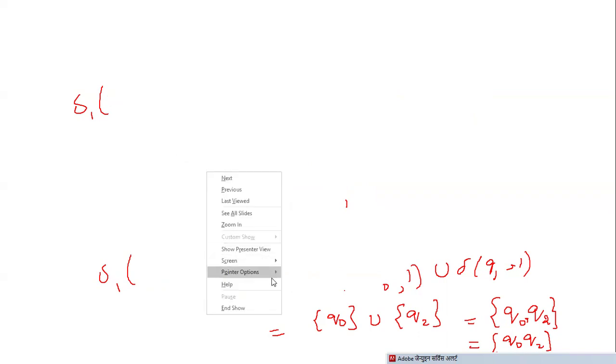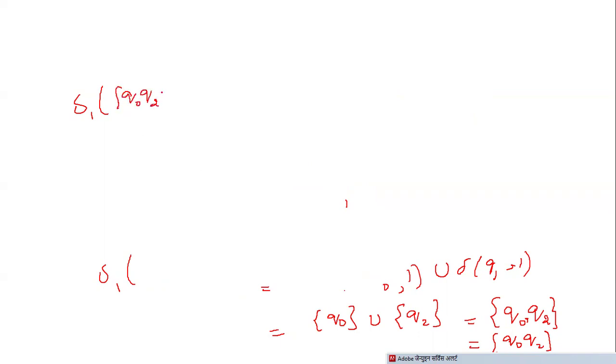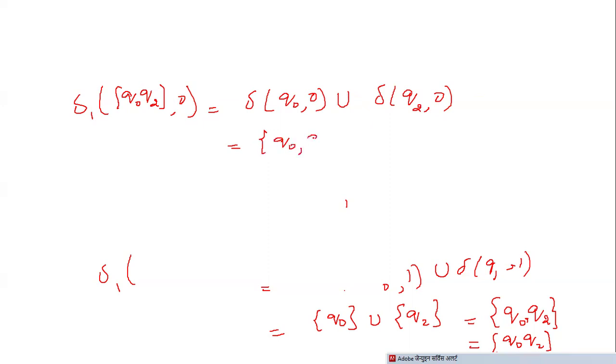So now del 1 of the new state we have got, q naught q2 comma 0. For this, del of q naught comma 0 union del of q2 comma 0. We know q naught comma 0 is q naught comma q1, union del of q2 comma 0.